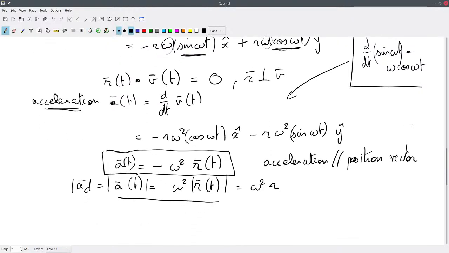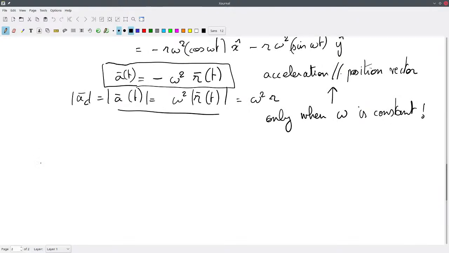So this is true only when omega is constant. So when omega is not constant, that's not going to be true. That is the case of non-uniform circular motion.